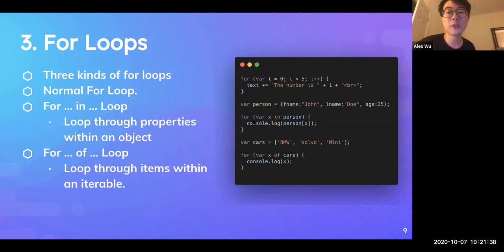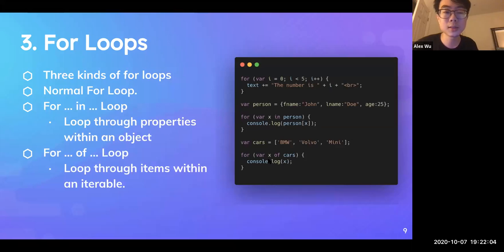And there's also a for of loop. Instead of looping through an object, we loop through iterables. Iterables include, for example, arrays. Here we've got an array of car brands. Using the for of loop, you can loop through all the items, or all the names of the car brands, within the car array.